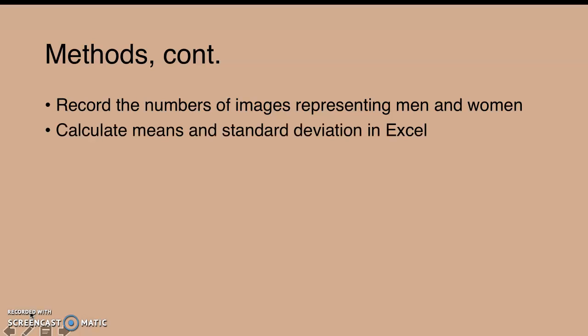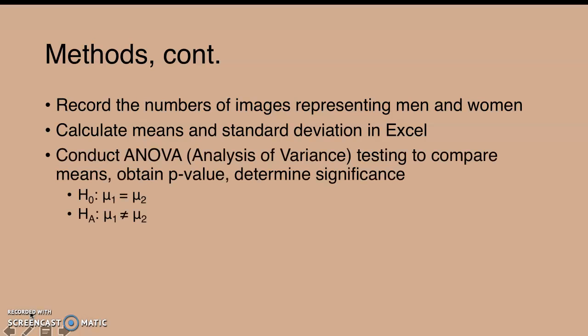I then calculated the means and the standard deviations for male versus female representation in Excel. And I conducted ANOVA, an analysis of variance testing to compare the means, obtain a p-value, and determine any significance of this research.